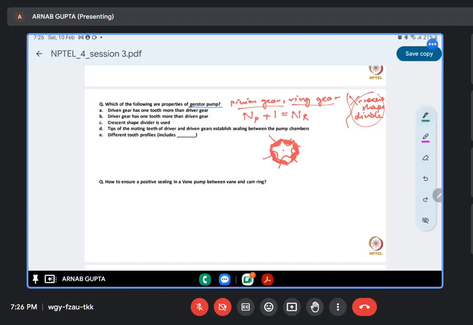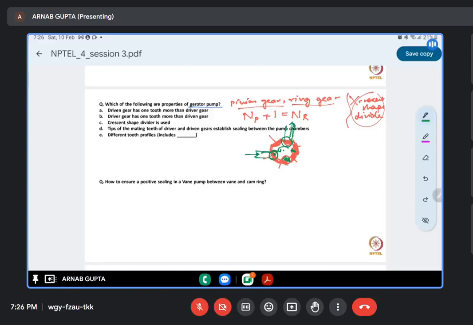If it's rotating in this direction, then this is the suction point, and this is the delivery point, because unmeshing happens here and meshing happens here. The liquid flows in between this small portion.